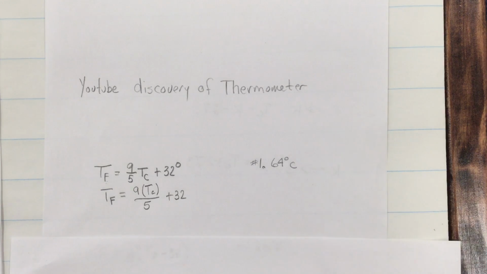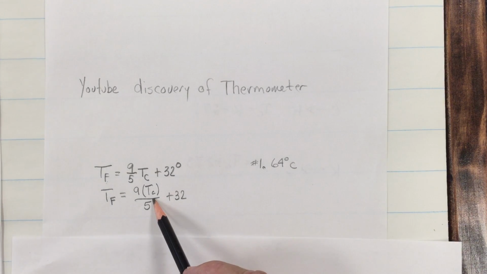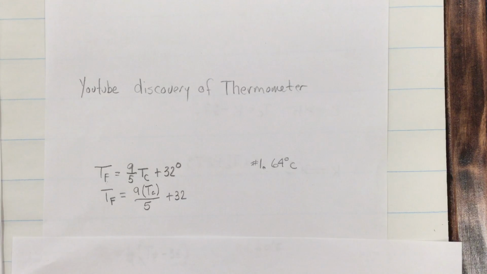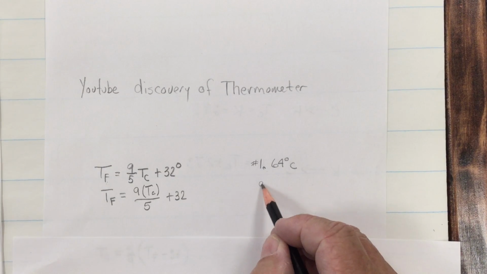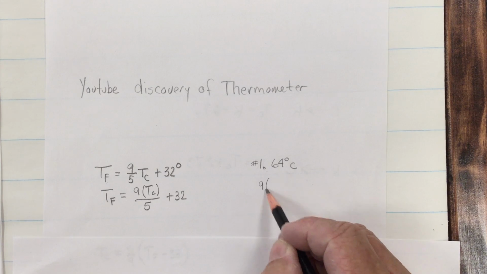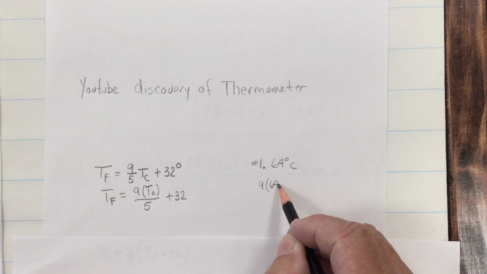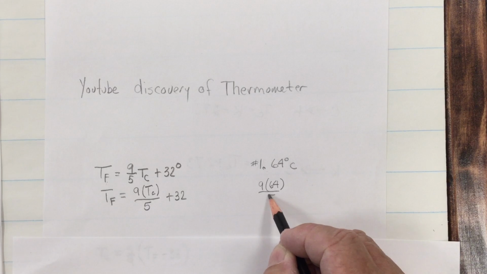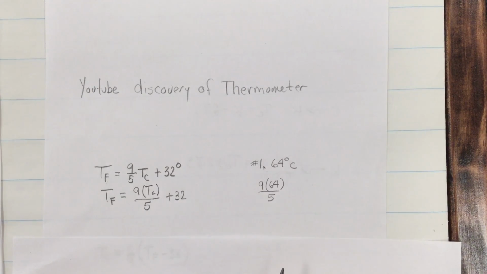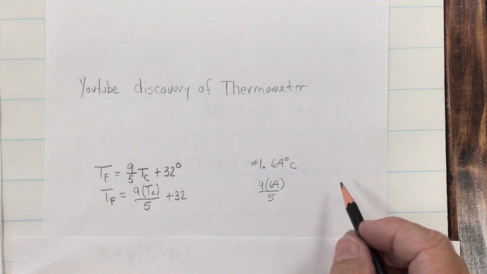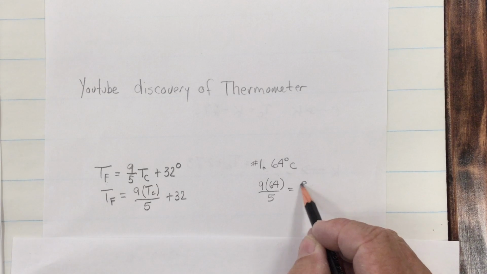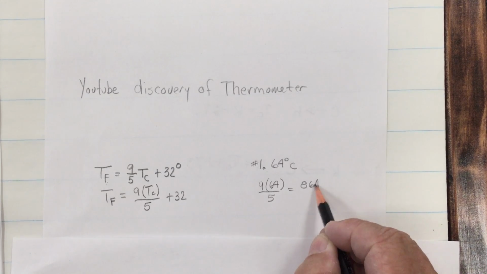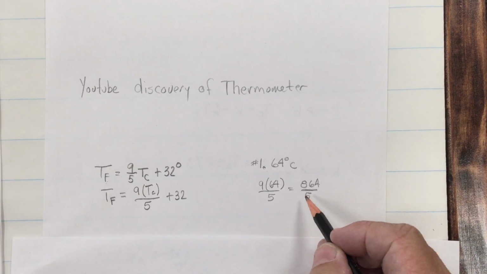So if the temperature is 64 right here, what we're going to do is take 9 times 64, that's our measurement, and divide it by 5. So this is going to be 864 divided by 5.